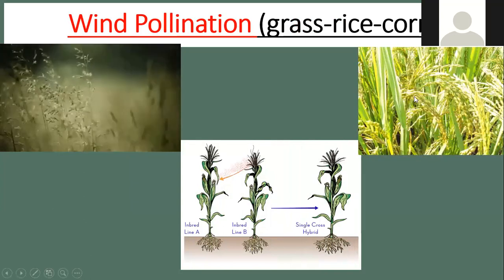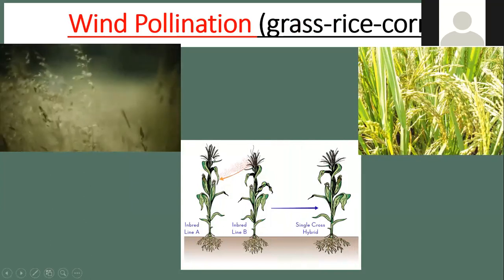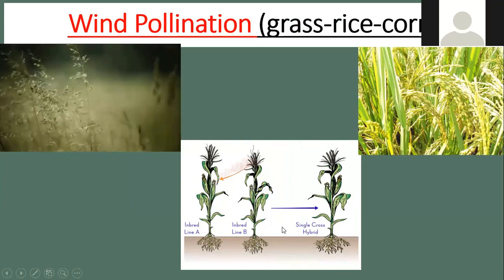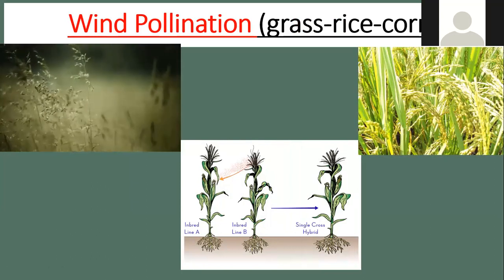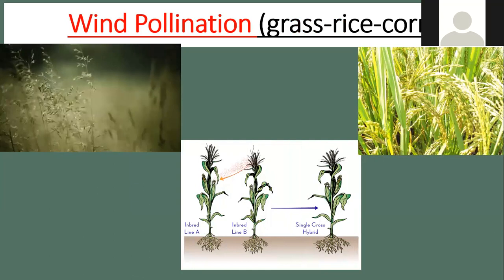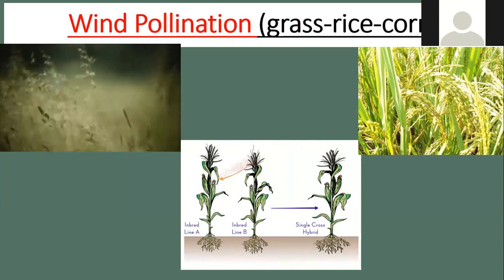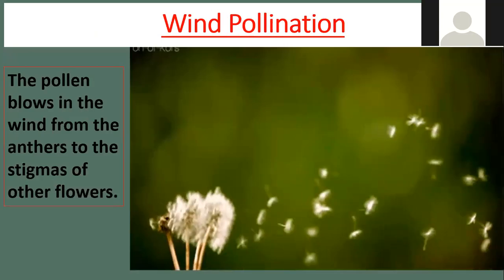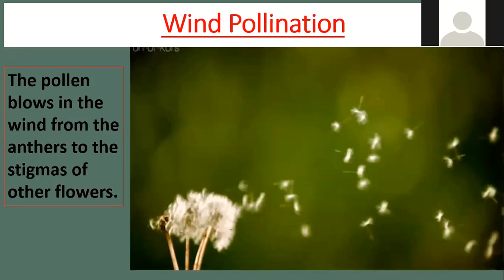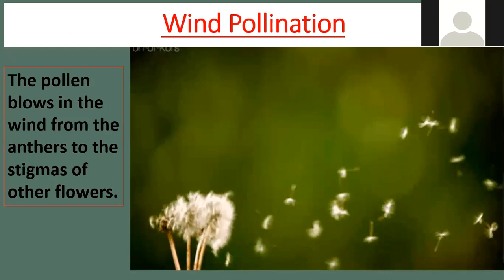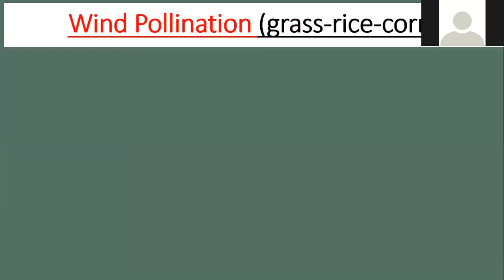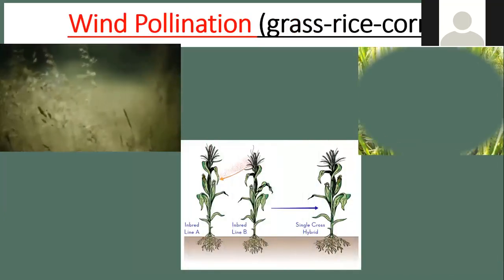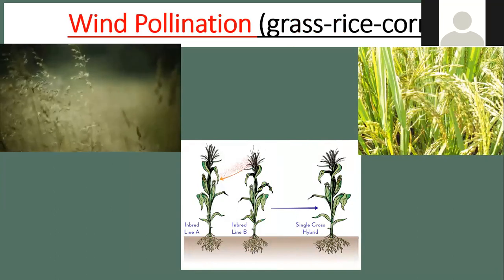This is rice, this is grass, and this is corn. So pollen grains are moving from one plant to another by wind pollination. The wind blows pollen grains from one plant to another plant.